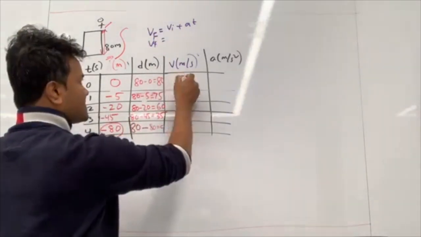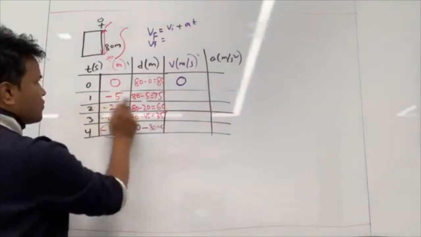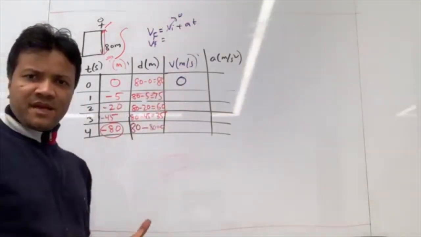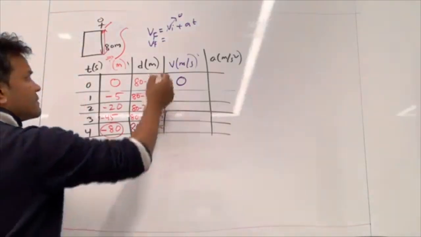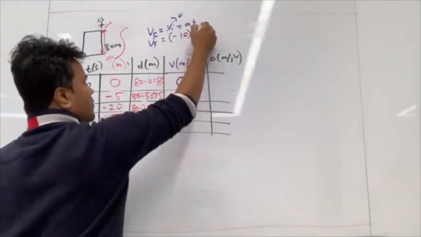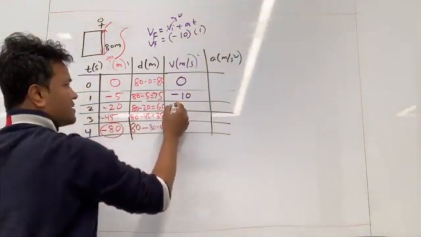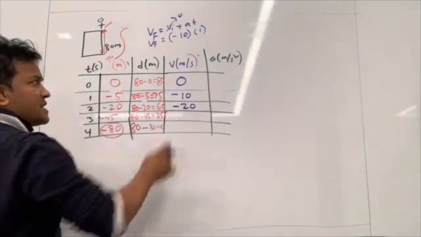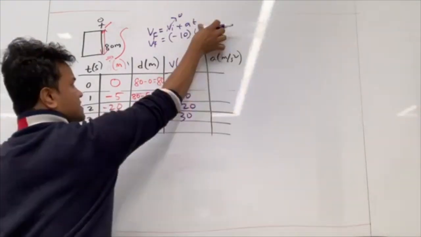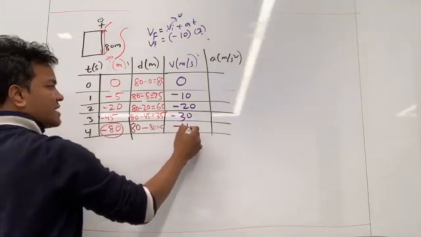That makes sense. At 1 second, let's see. When you drop something, initial velocity is 0, which I explained at the beginning. Negative 10, acceleration due to gravity, times 1. So this is negative 10. This is negative 20, because at 2 seconds, at 3 seconds, negative 30, because you multiply by 3. At 4 seconds, this is negative 40.